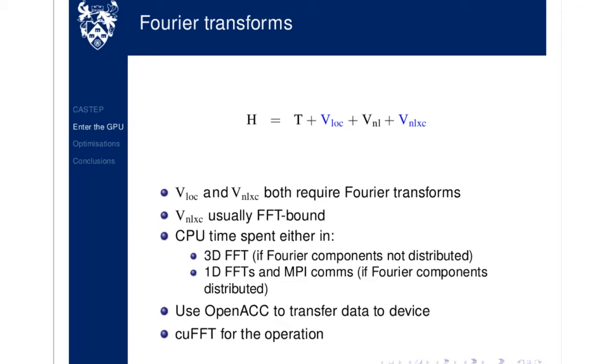So we do the 1D FFTs along one direction, let's say Y, then we do a transposition, and then we do the 1D FFTs along X, and then a transposition, and then along Z. Again, OpenACC manages all of the data transfer for us, and now we're using QFFT for the operation. So I'll show you, as time is short, I'll just show the NLXC results for this.